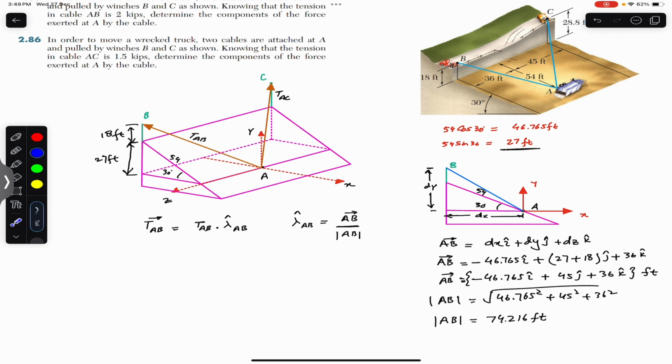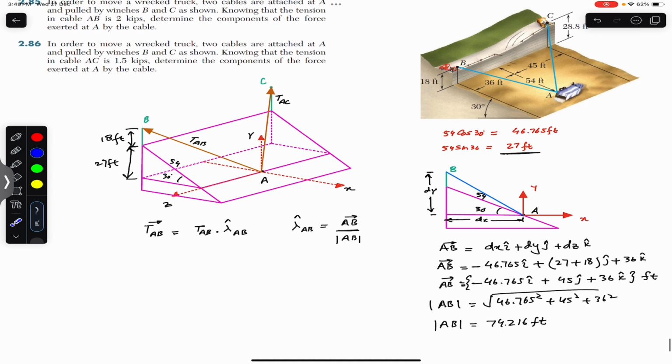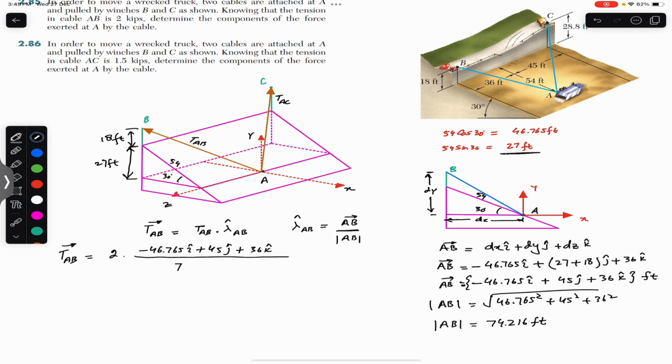Now this is the unit vector, right? We are given the magnitude of TAB, which is 2 kips. So 2 multiplied by the unit vector, we can say the TAB vector is 2 kips multiplied by the position vector. The position vector is minus 46.765 i plus 45 j plus 36 k, and the magnitude is 74.216.